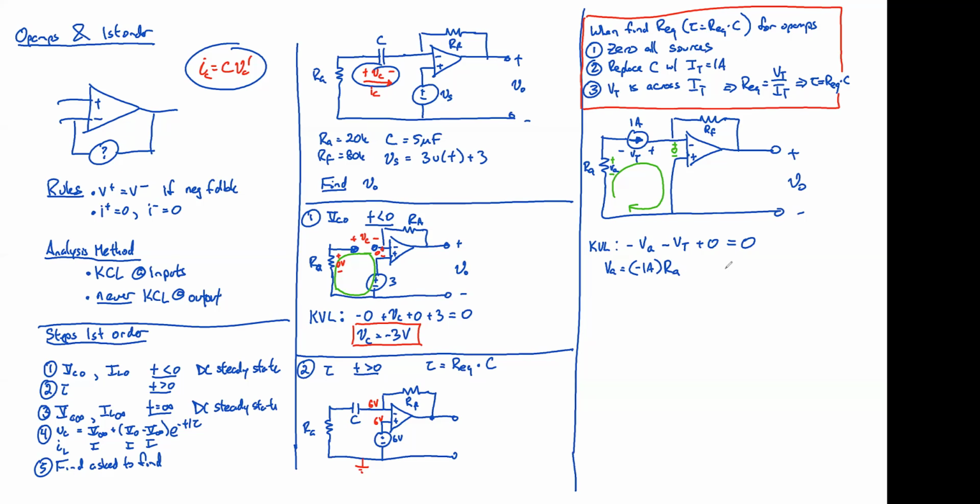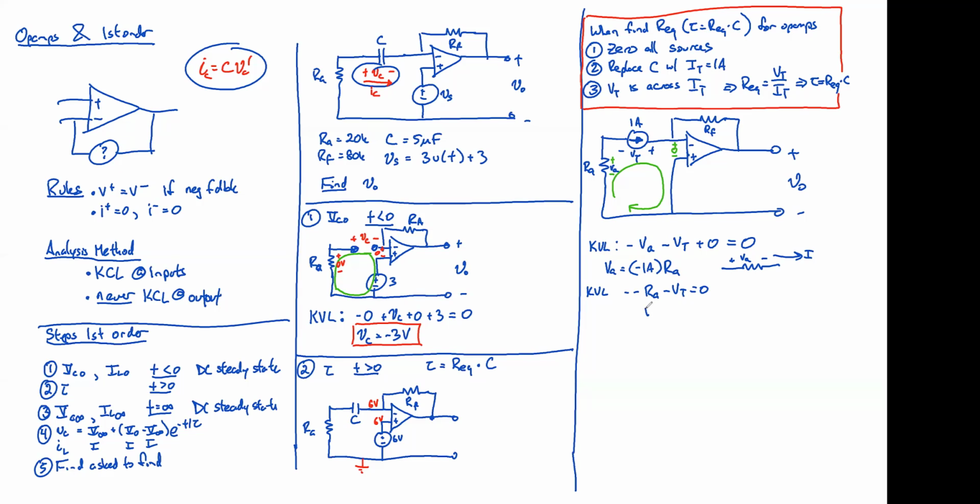Just to be totally clear, if we define our I here and we're going to use Ohm's law, we have to define our voltage entering more positive and exiting more negative. So back to our KVL, we get minus RA minus VT equals 0.